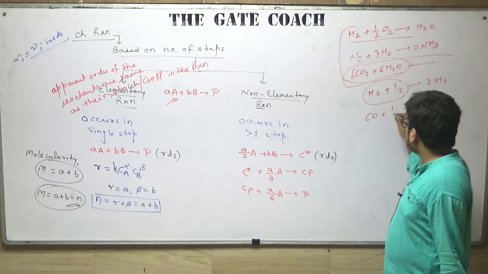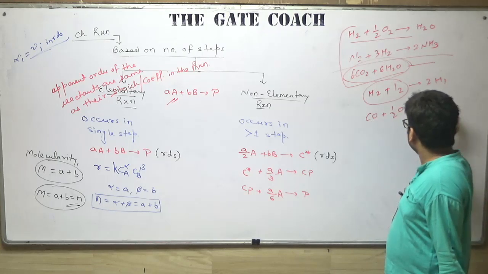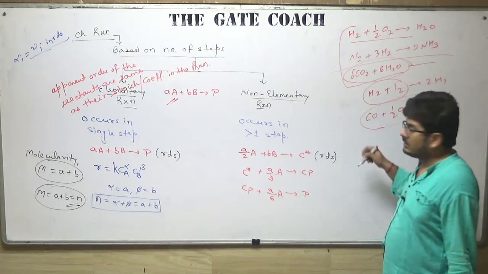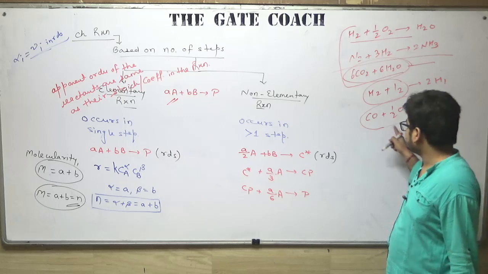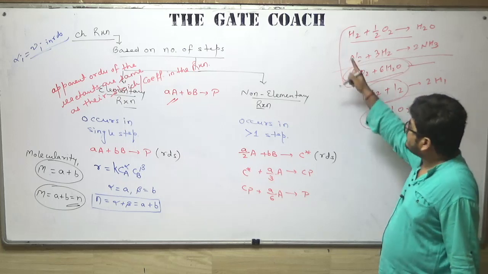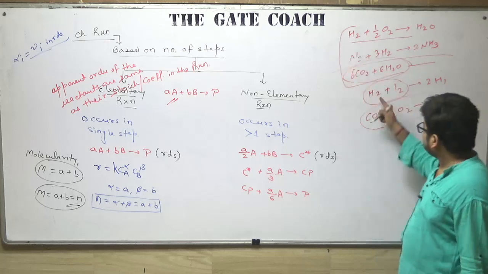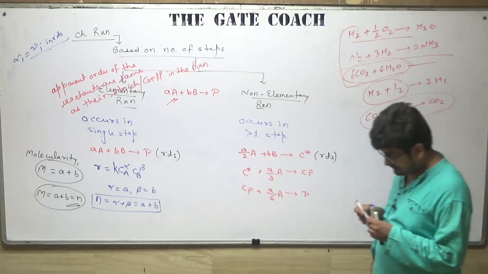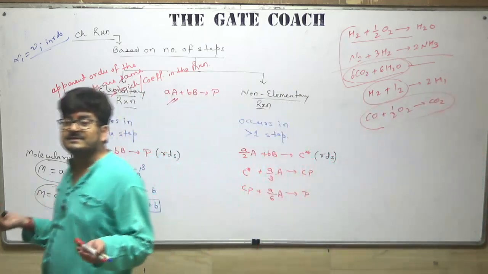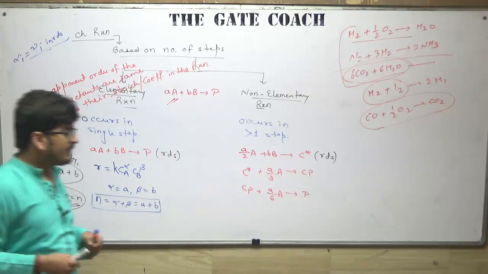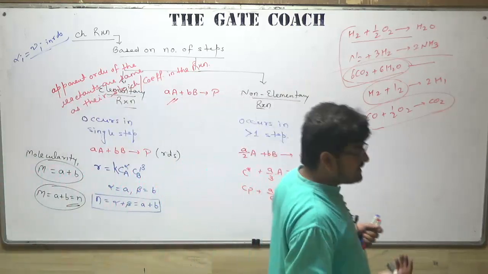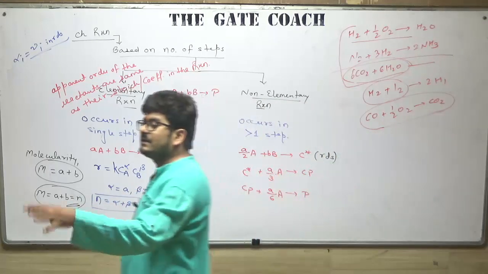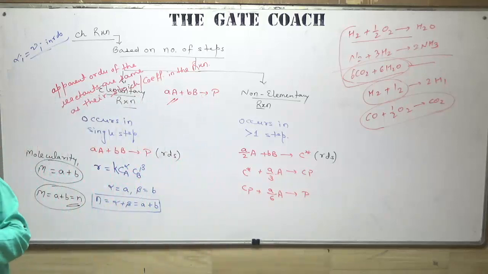Like CO plus half O2 gives CO2, again 1.5, molecularity cannot be a fraction, so definitely this is also not an elementary reaction. This is non-elementary, this is non-elementary, this is non-elementary. But H2 plus I2 gives 2HI may or may not be. That depends. So that's how we can identify, at least up to some extent, whether a reaction is elementary or non-elementary.